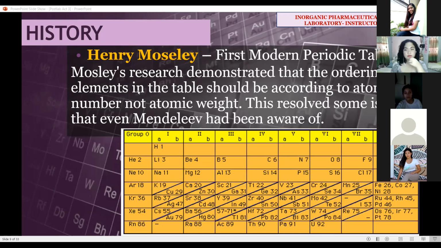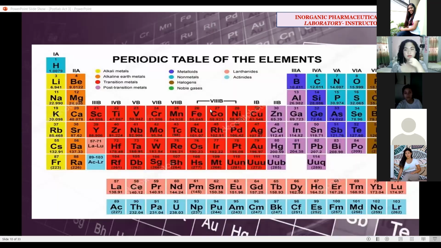He arranged the periodic table in increasing atomic number. I hope you see the difference in their work. But nevertheless, they have all contributed to what is called the modern periodic table nowadays. Okay? Questions so far?